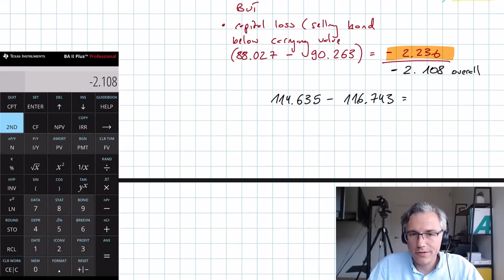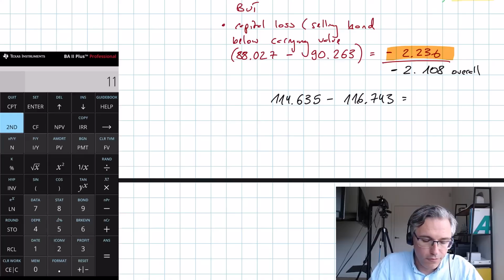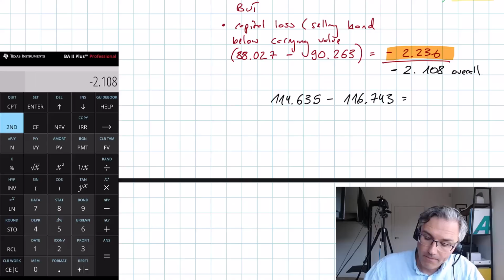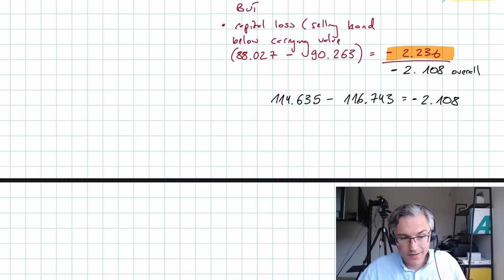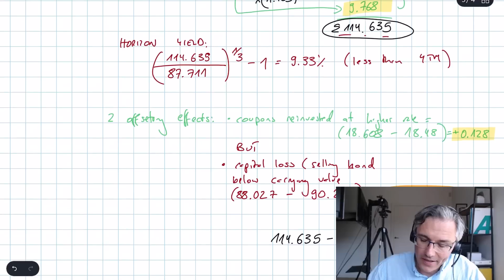If we quickly do this difference, 114.635 minus 116.743. Yeah, same result, same difference, and it is unfortunately negative, hence lower horizon yield in this case.